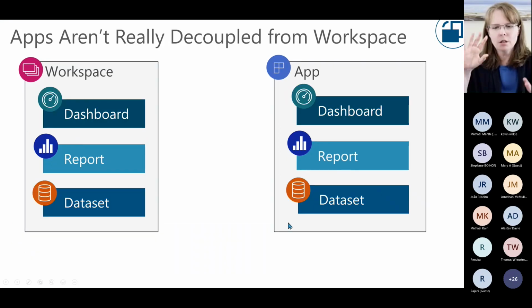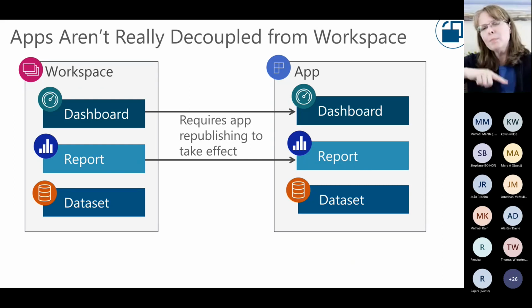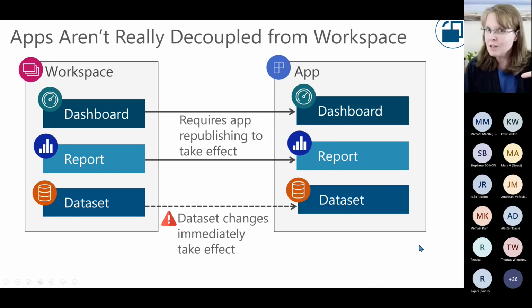So to kind of put what I just said a different way, when we have changes happening to reports and dashboards, the people that are only app viewers don't see those changes until the app is really republished. Data set changes happen immediately. And that's a really good thing for picking up, for instance, oh, a data refresh happened. Well, of course we want our app viewers to see that right away.